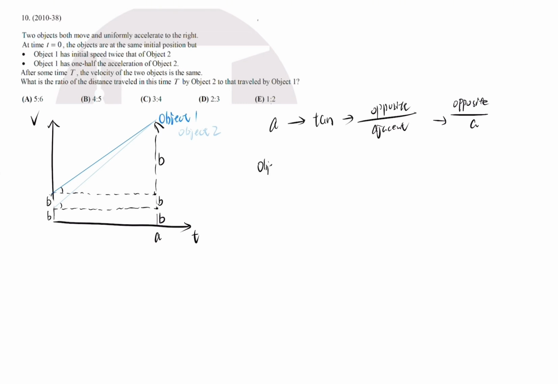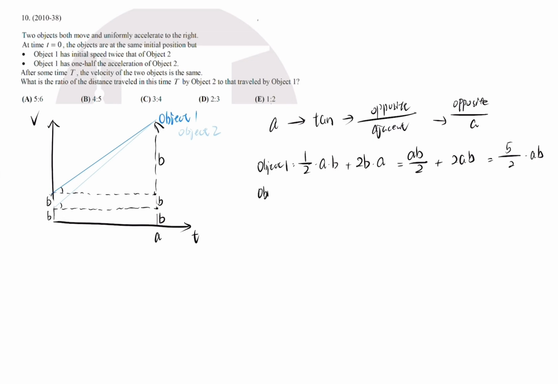For object 1, the area is this triangle plus the area of this rectangle: 1/2 multiplied by A multiplied by B, plus 2B multiplied by A. This equals 1/2 AB plus 2AB, which equals 5/2 AB.